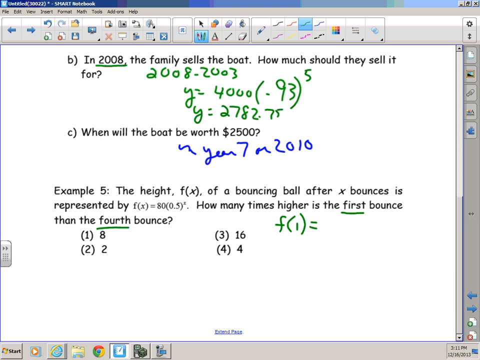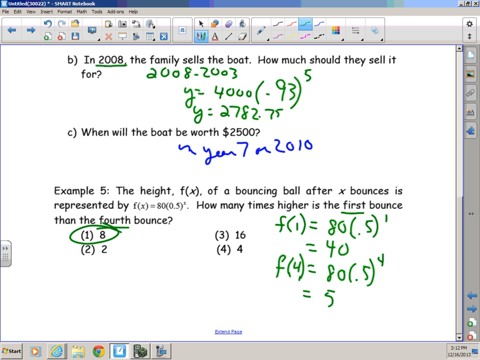That means put 1 in for x. And you'll see that that's 40, whatever the unit is. And then put in 4 for x. Again, all of this is being done on your calculator, and you'll get 5. How many times more? 8 times more.